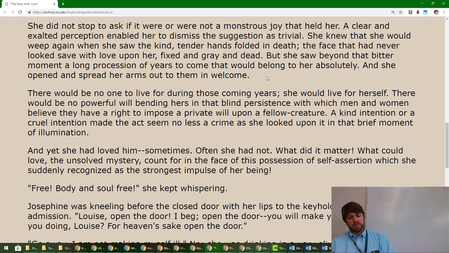Where is A Rose for Emily? It's very early on. I don't know why I'm saying it so slowly when I haven't even found the page yet. 497. Thank you all for the numbers. Where's that little bit about Homer? Her father died.